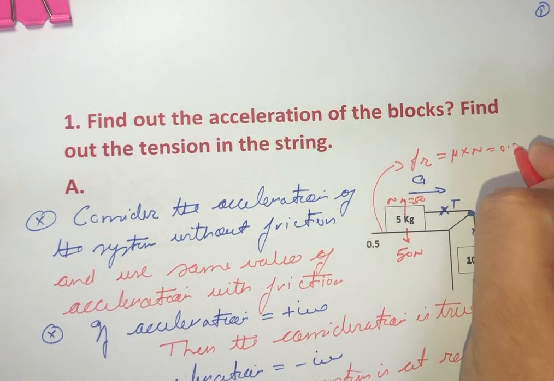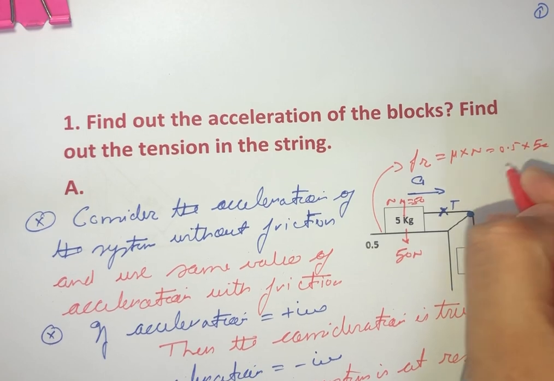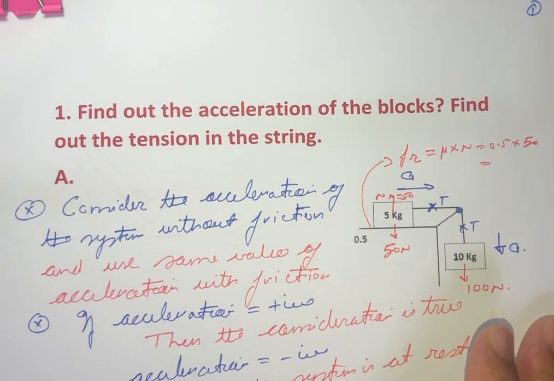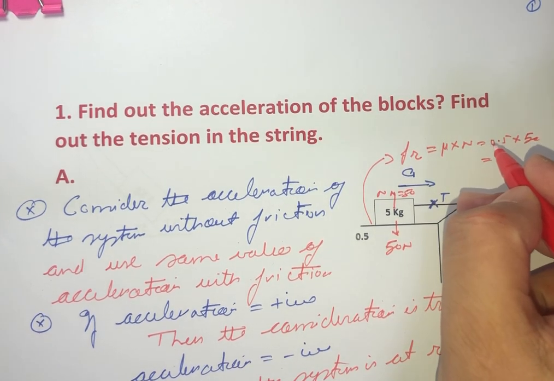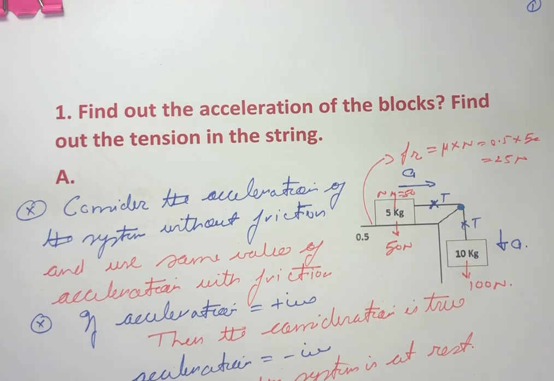So 0.5 into 50 will be equal to 25 Newton.